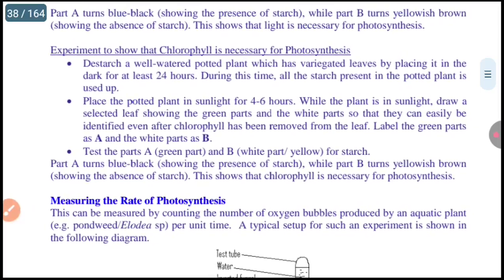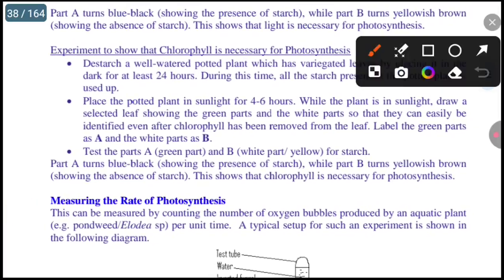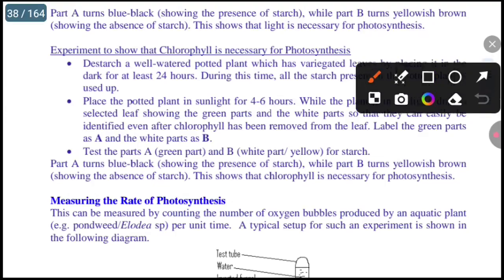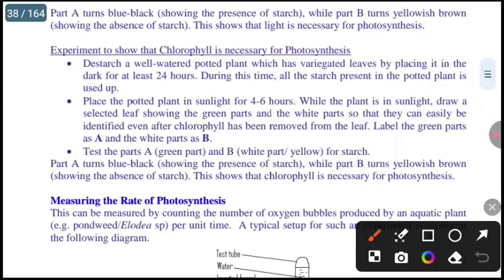So another experiment to show that chlorophyll is necessary for photosynthesis. Discharge a well-watered potted plant which has variegated leaves by placing it in the dark for at least 24 hours.